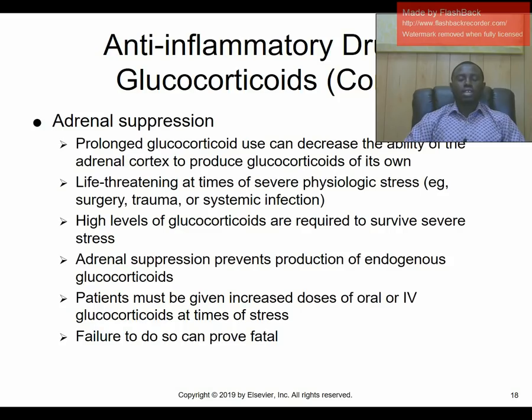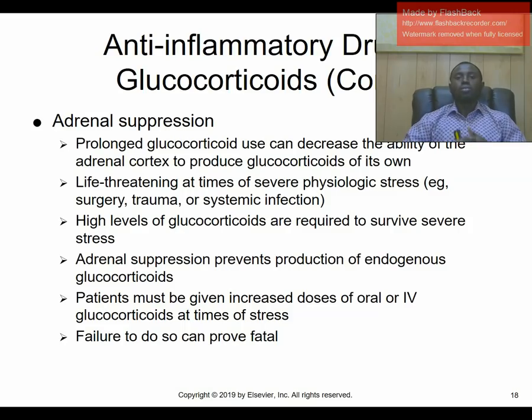Another thing with adrenal suppression is that you cannot stop this medication abruptly, because the adrenal glands normally produce glucocorticoids that the body needs. When you are taking an external glucocorticoid drug, the adrenal glands decrease their production of glucocorticoids, and they are pretty happy that this drug is performing their function for them.